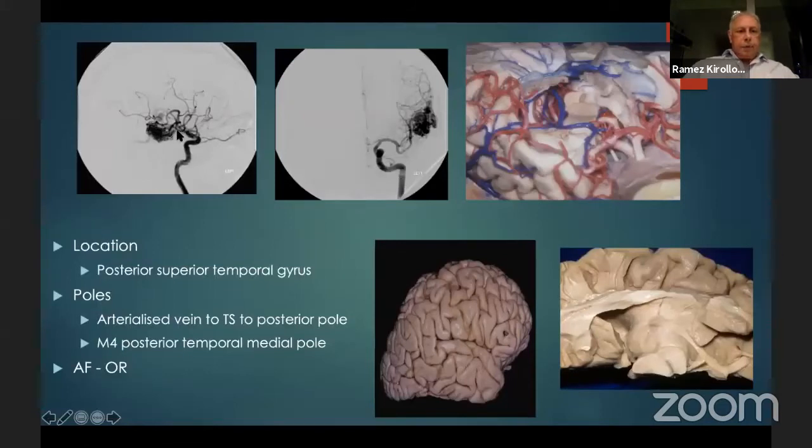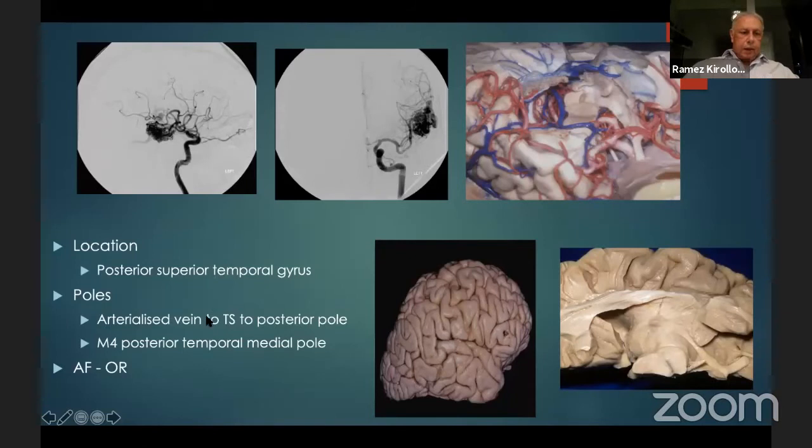So this AVM, you can see is coming from the lower trunk of the M2, straight after the operculum. So this, I would expect, coming out here, looking just at the angiogram without an MRI scan, will be located at the superior posterior part of the temporal gyrus, which will be the language area or the receptive speech area.